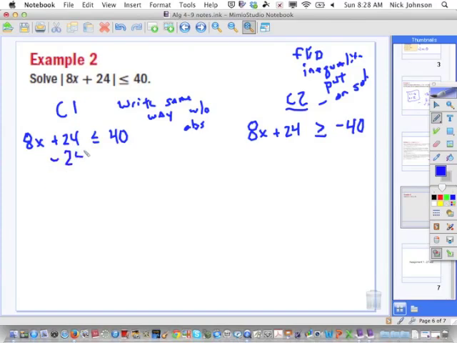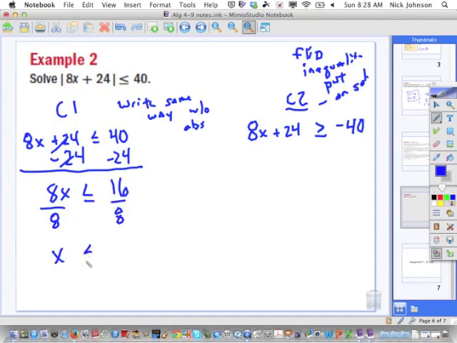So I subtract 24, leaves me with 8x is less than or equal to 40 minus 24 is 16. Divide by 8. X is less than or equal to 2. Same process over here.